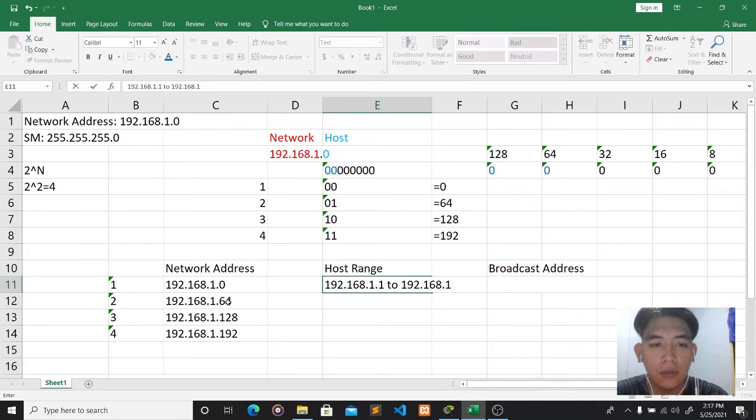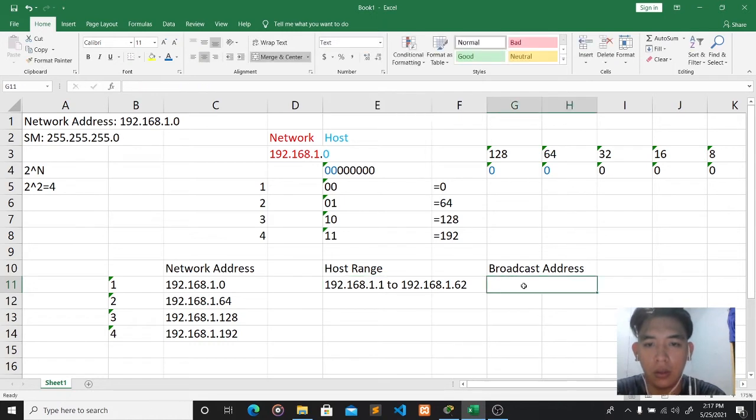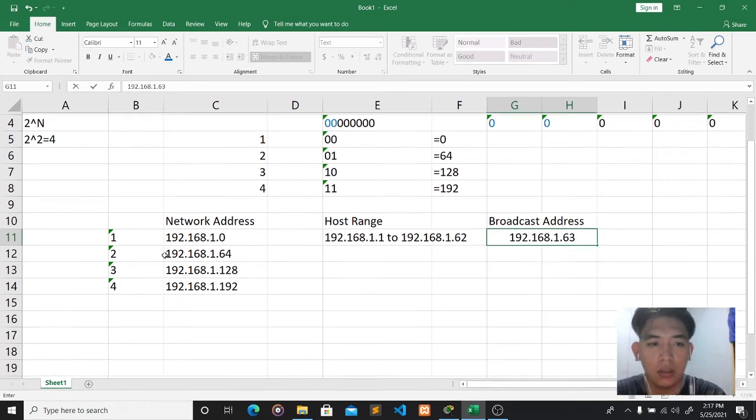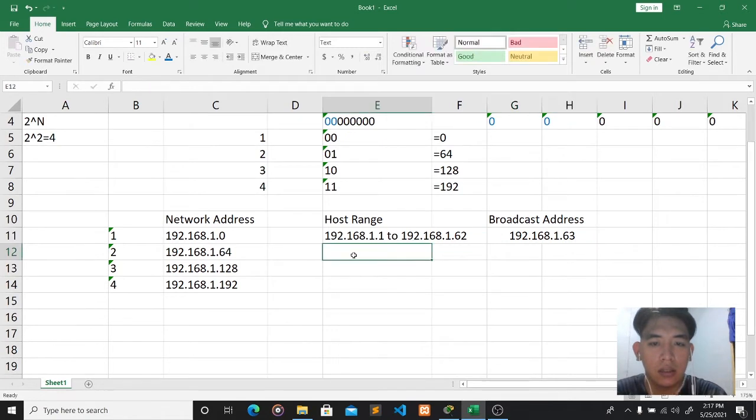Since the next network is 64, our broadcast address is 63. So the broadcast address is 192.168.1.63. It is the same for the next ones.